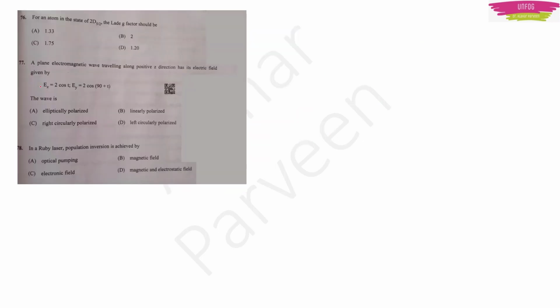Next question. For an atom in the state 2D 5/2, the Landé g factor should be. Here the term symbol is given as 2D 5/2. Whatever is written at the top is multiplicity, and this is J, the total angular momentum.